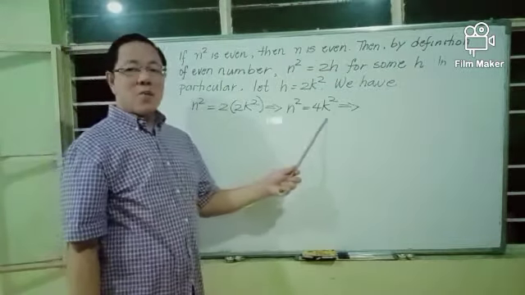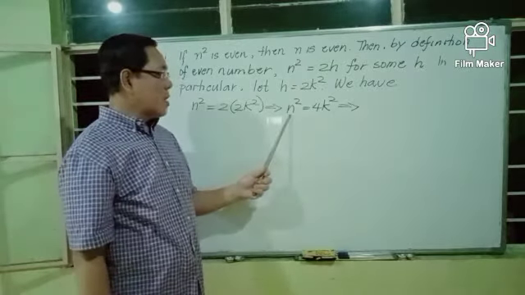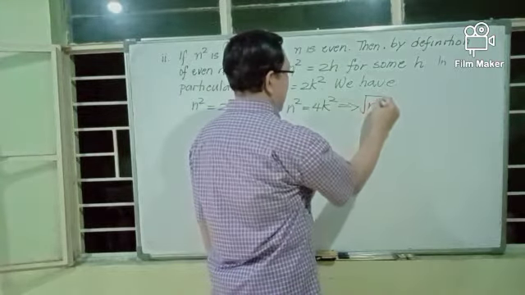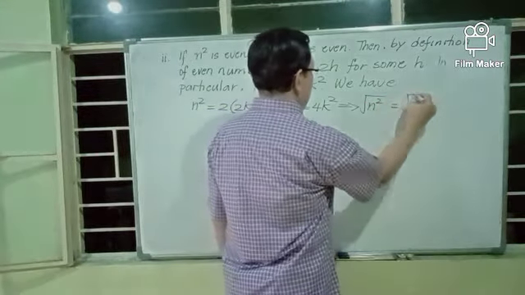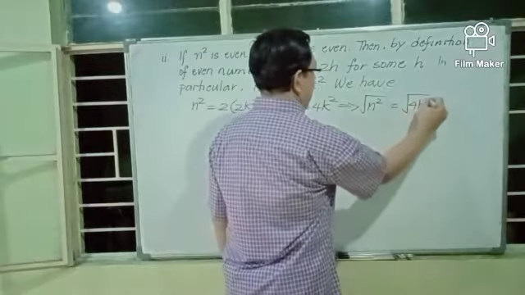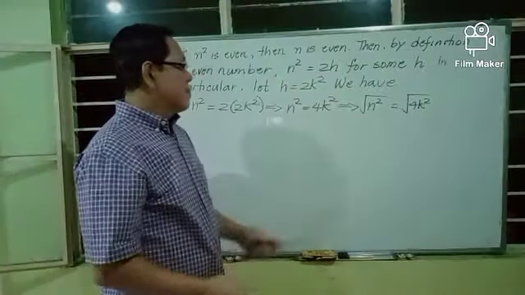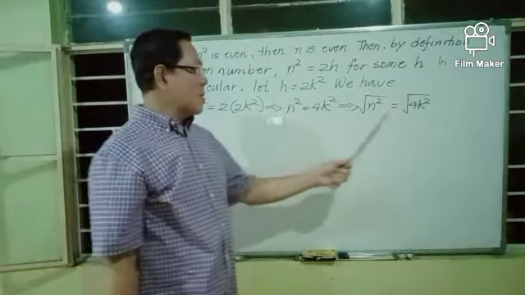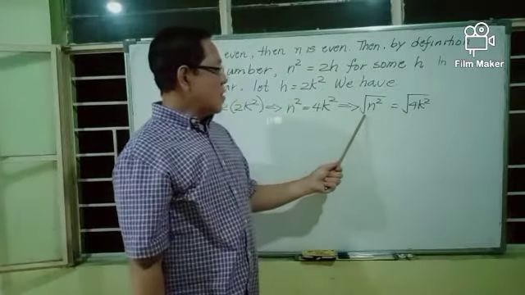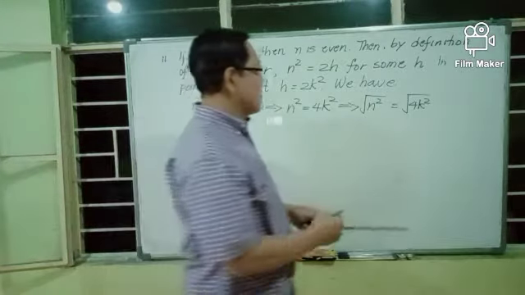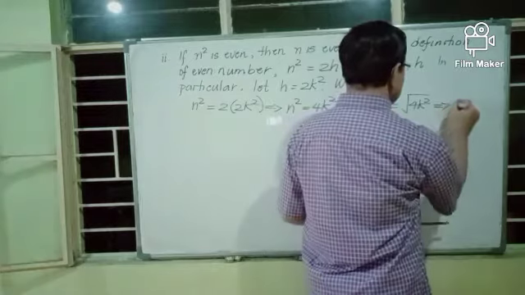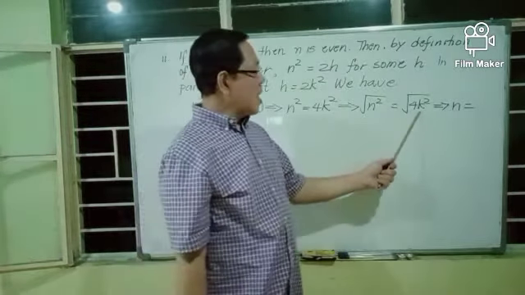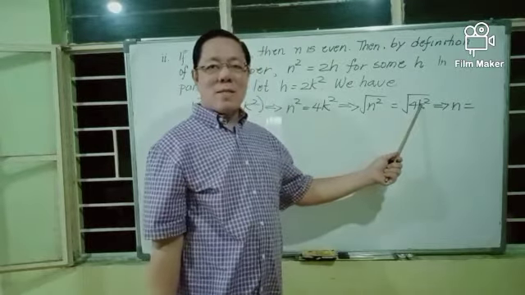And from this equation, we take the square root of both sides. The square root of n squared is equal to the square root of 4k squared. The square root of n squared is equal to n, and the square root of 4 is 2, times the square root of k squared, which is k.